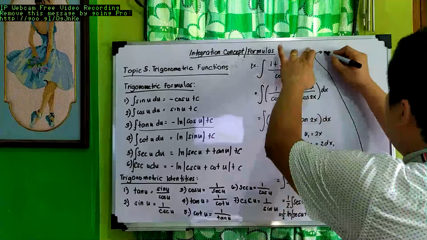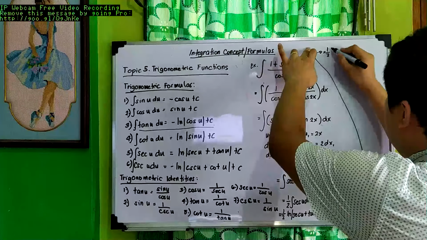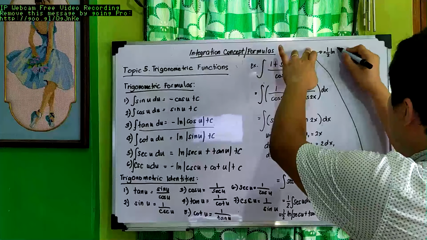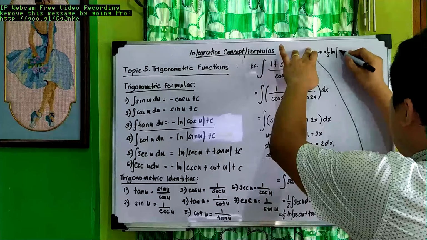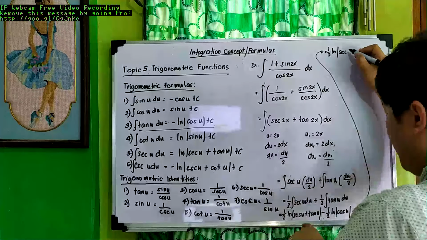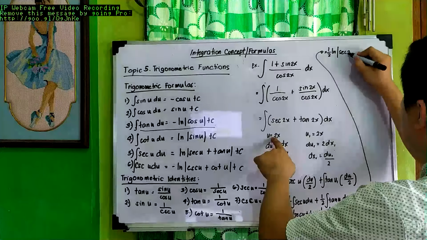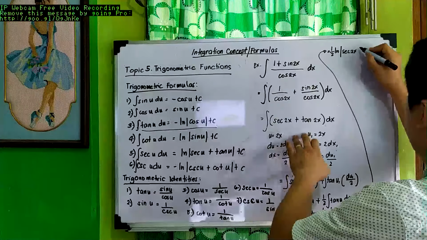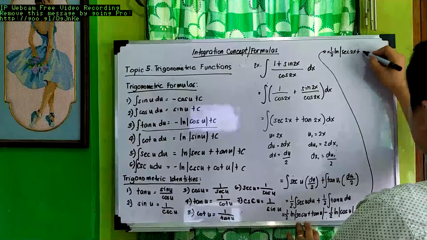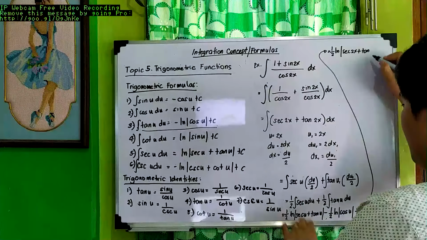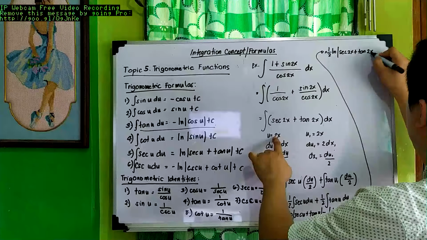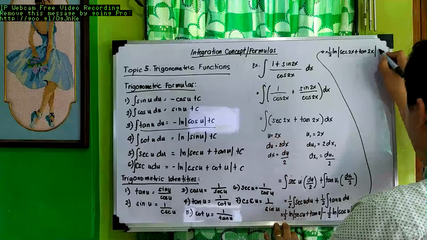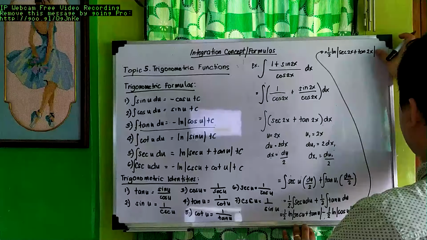So we will substitute the values of your u. Plainly, we will have this answer. 1/2 ln secant. What is our u here? 2x plus tangent, still 2x, minus.